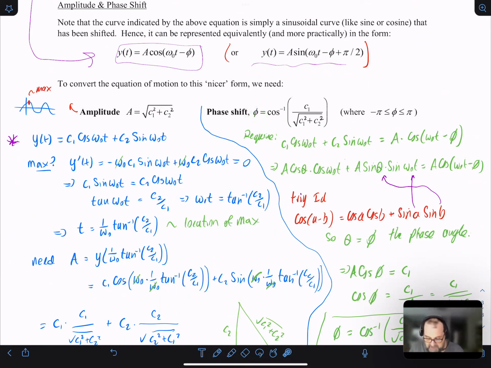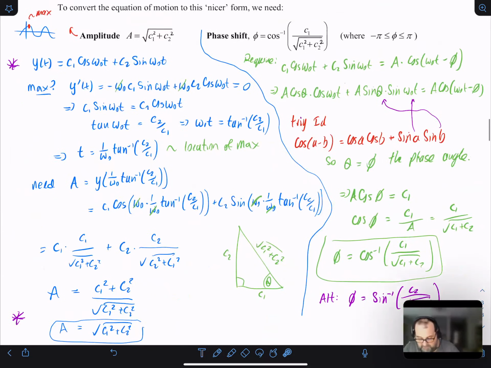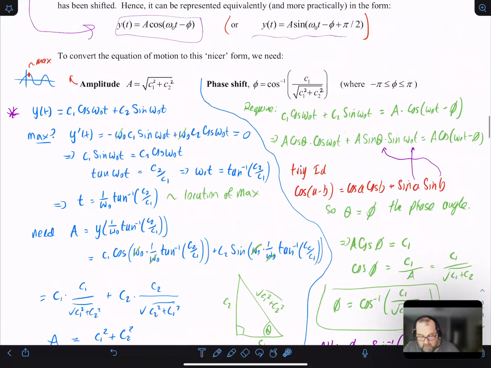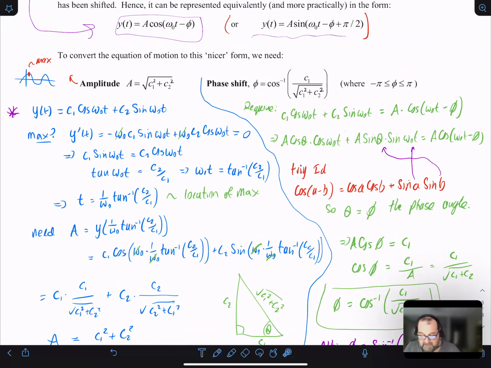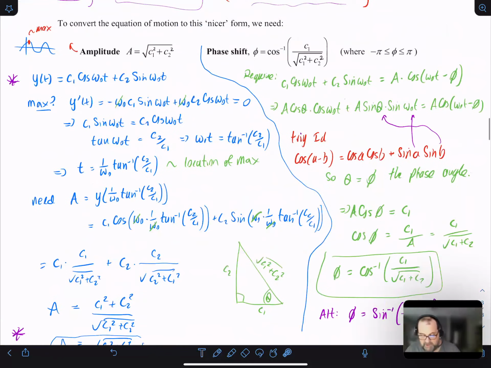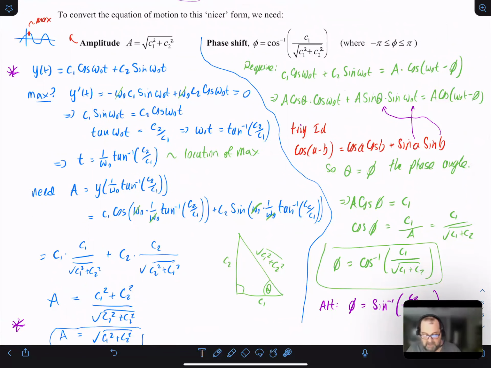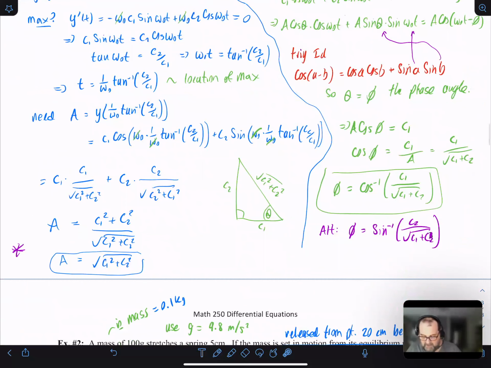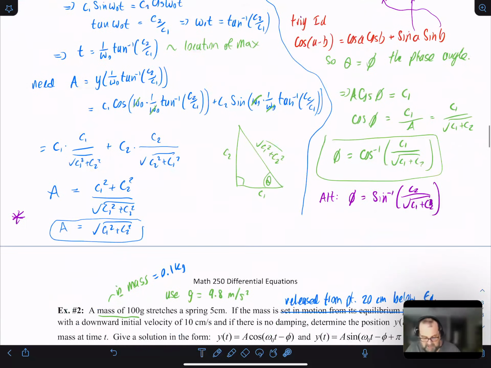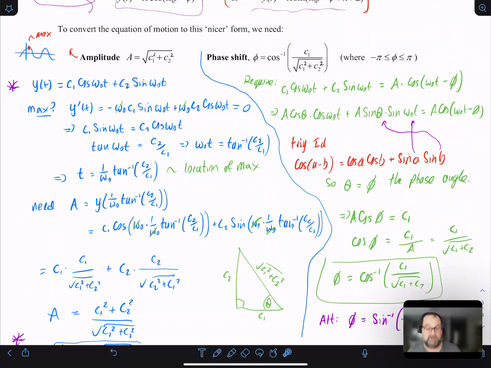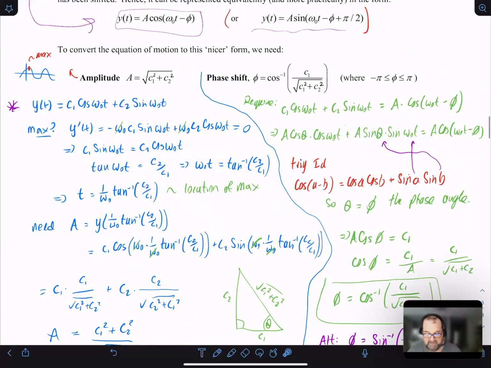The problem is that when you get this cosine of phi, you can't tell whether you want the plus version or the minus version of the angle. So the trick is to then also compute the sine, and the sine will tell you whether you have to use the positive version or the negative version of phi.